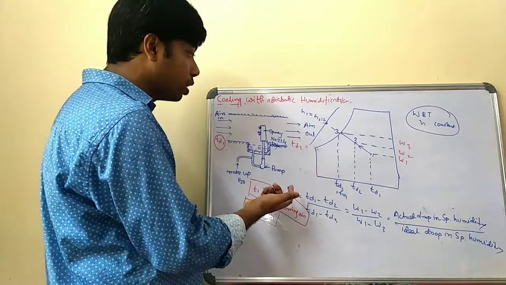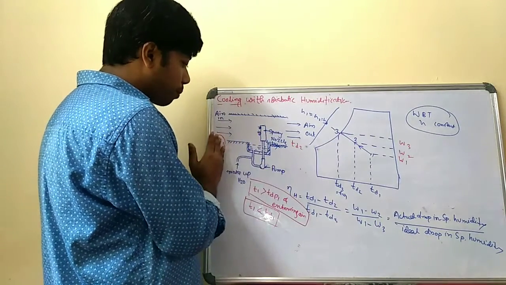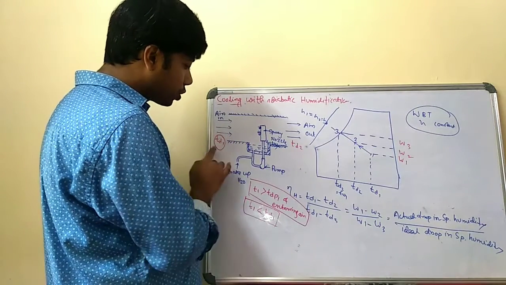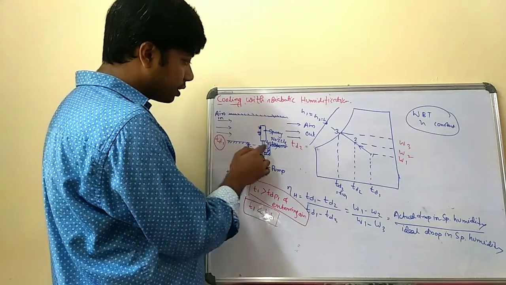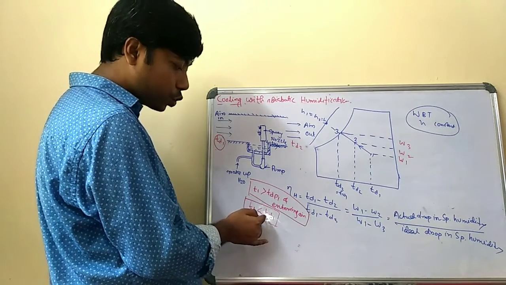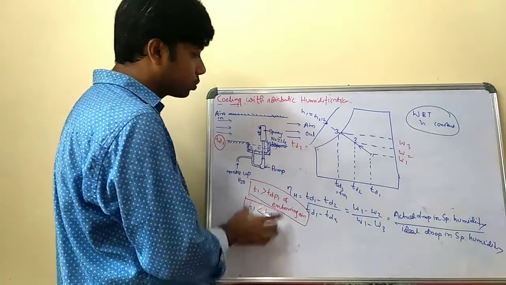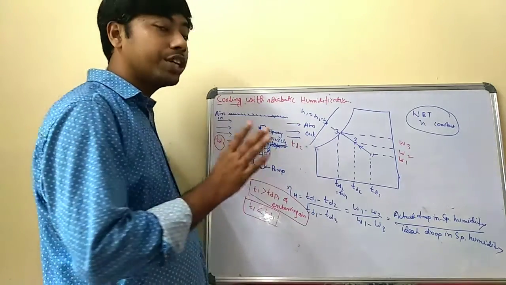But how does the cooling process happen? The temperature of the spray water should be lower than TD1. So TD1 should be greater than T1, that is, T1 should be less than TD1, so that the cooling process takes place. These are the two conditions for cooling and adiabatic humidification.